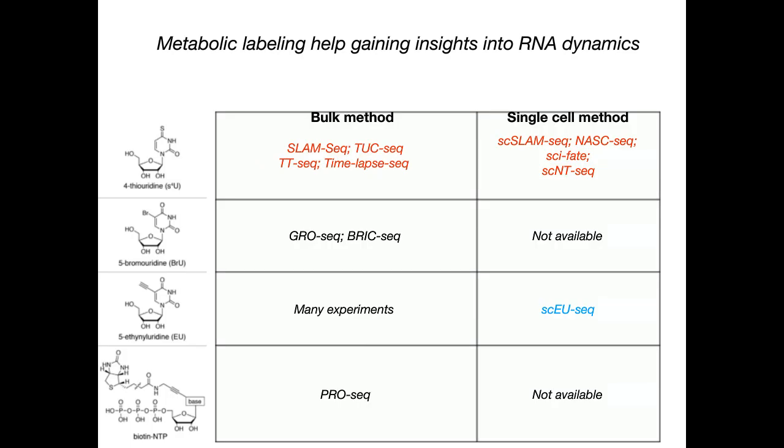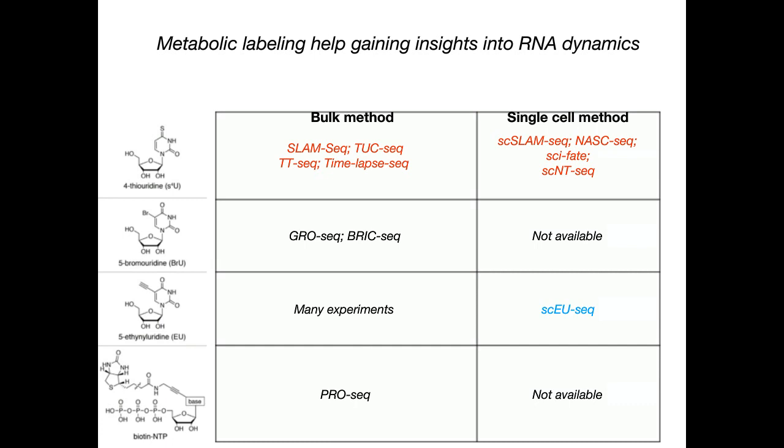Okay, I just mentioned we can use metabolic labeling, mostly talking about 4sU. But the metabolic labeling strategy has actually been widely adopted over the past few decades, so there are many other options. You can use BrU, EU, or biotin-NTPs.